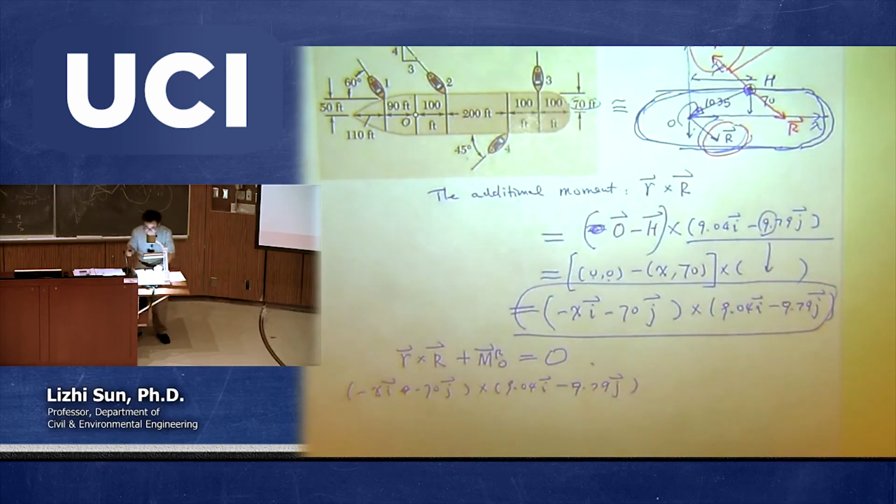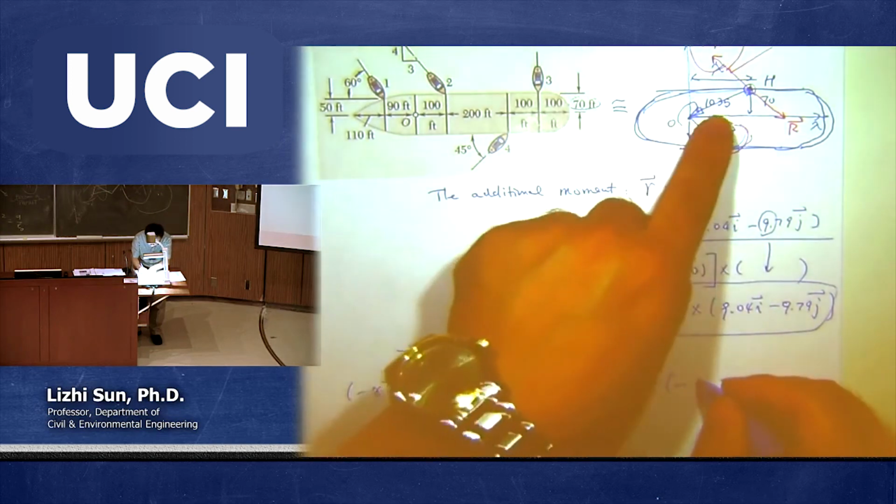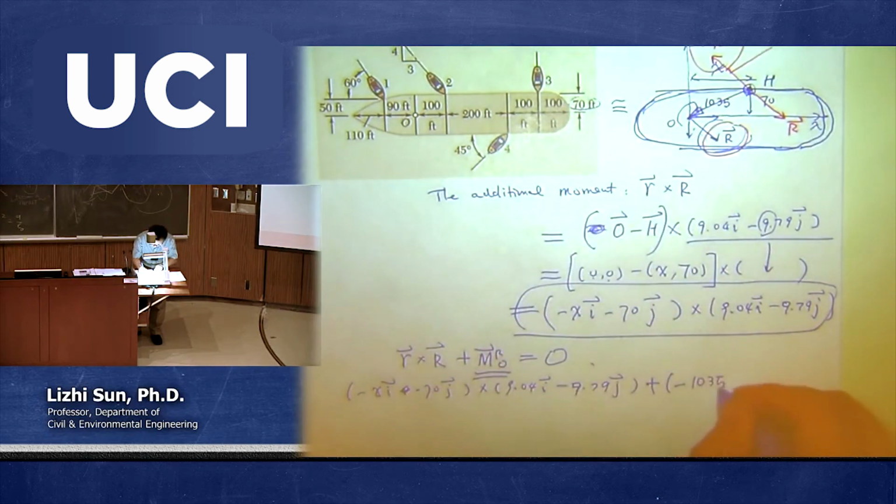For some reason I later wrote 7.79. Okay? And then plus this one. This is the resultant moment we calculated from the previous step, that is negative 1035. If you go back to look at the resultant moment answer from step 1, that's this one. And that's equal to 0.